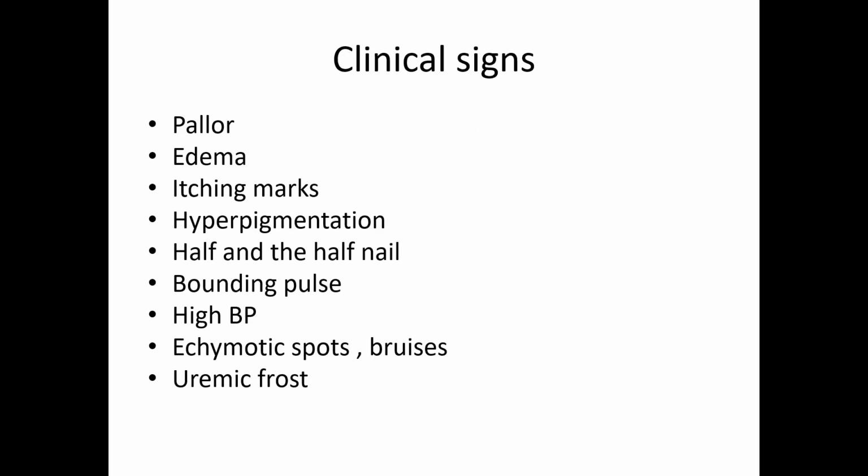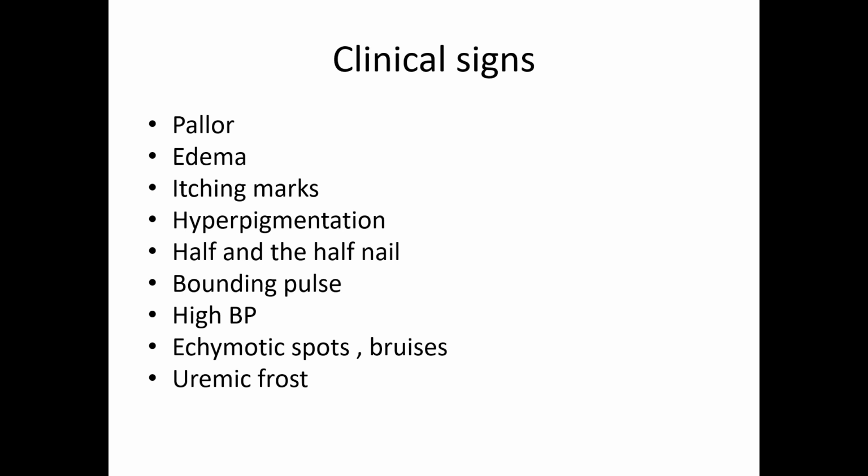Clinical signs in this patient too. This patient can have pallor, which is a sign of anemia, edema, itch marks, hyperpigmentation, and half-and-half nails, where the distal half of the nail is slightly pinkish. Pulse is quite bounding because of hypervolemia. Blood pressure is usually high.